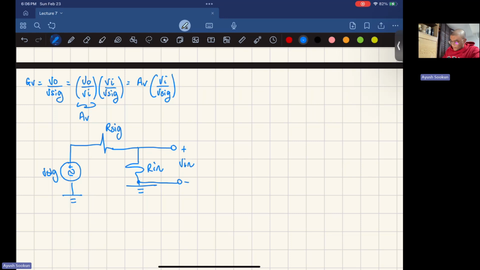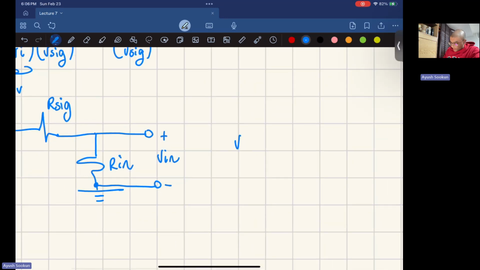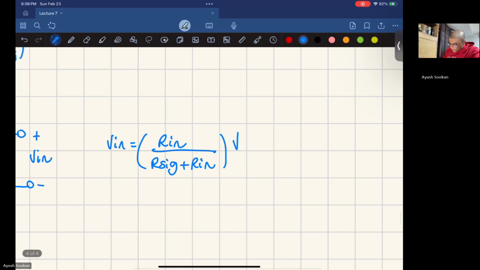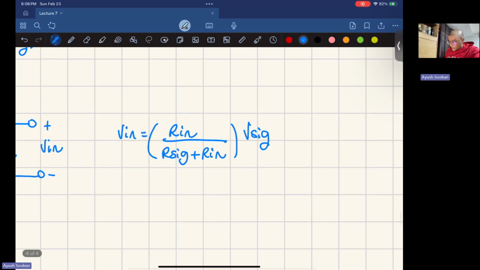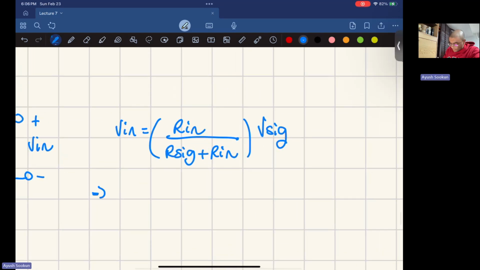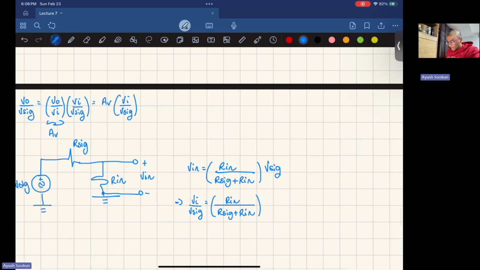If you look at this circuit, these two resistances are in series, so I can use a voltage divider. So V in would be equal to R in over R sig plus R in times V sig. That's the voltage divider expression. If I divide both sides by V sig, I find V in over V sig, which is R in over R sig plus R in. There we go. I found it. So this is the value of V in over V sig.